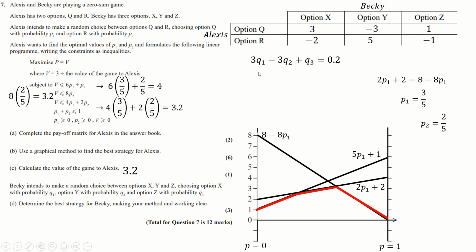Now, there's a couple of things I've done here. Firstly, in game 3, you read Becky's point of view in the opposite way to Alexis's. So this actually represents Becky losing money, and this represents Becky winning. And of course, in a zero-sum game, which is what this is, Becky's payout is actually minus 3.2 if Alexis is positive 3.2. Should I have taken away 3 from this?